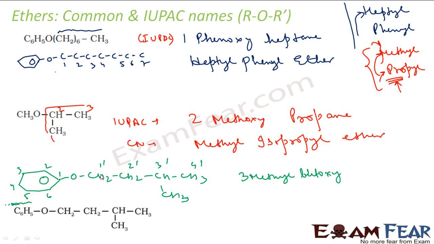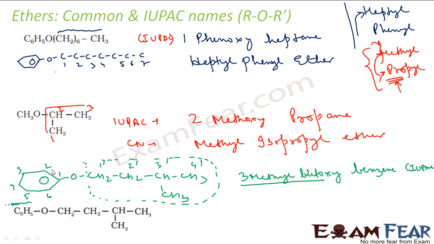So it will be 3-methylbutoxy. And here we have benzene. So it will be 3-methylbutoxy benzene. Pretty easy IUPAC name. Correct?